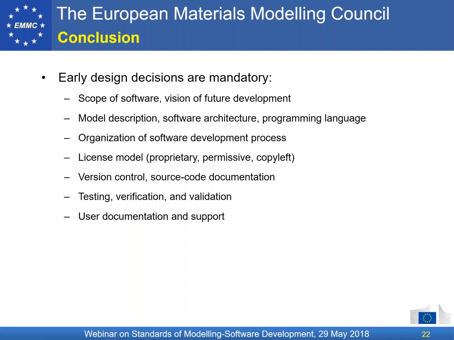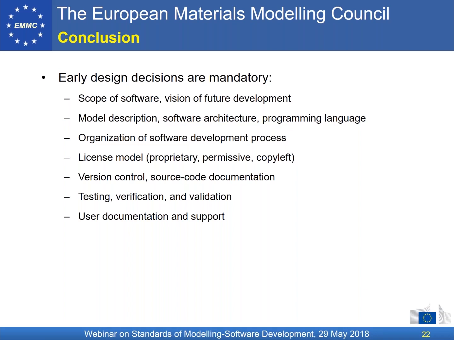Just to summarize the content of the white paper and this webinar: before starting on a new software project, it is important to spend a little time and think about some early design decisions that, if it becomes a successful project in the end, you'll be very happy that you spent this time in the beginning.